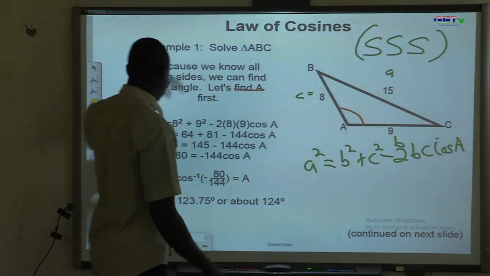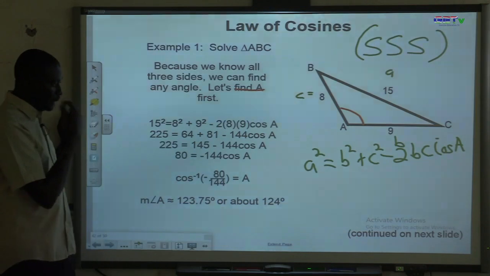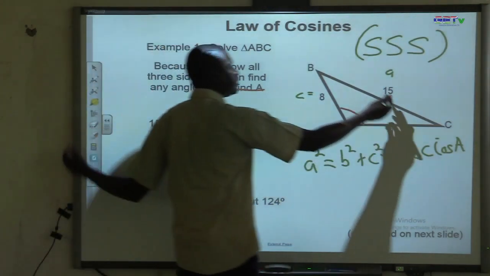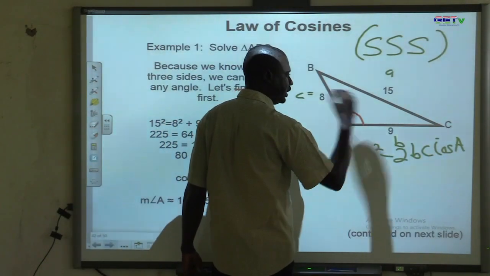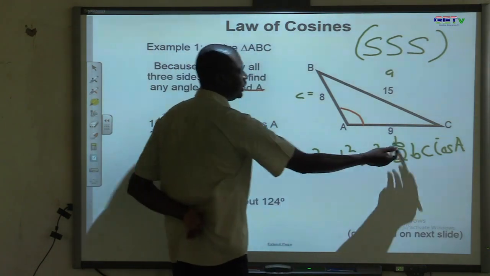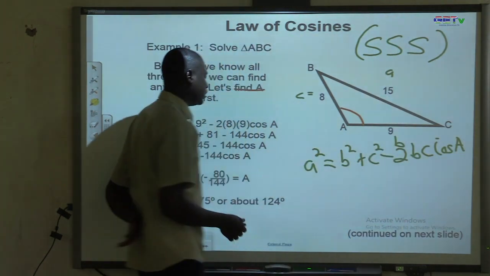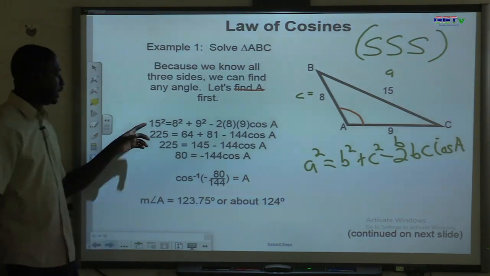And to do that, you can see that in a squared, the value for a is 15. That is the side that is small a, 15, and b is 9 and c is 8. So in place of a, I'll substitute.